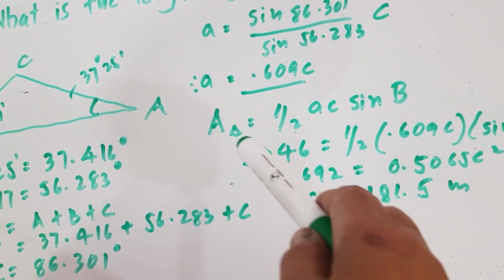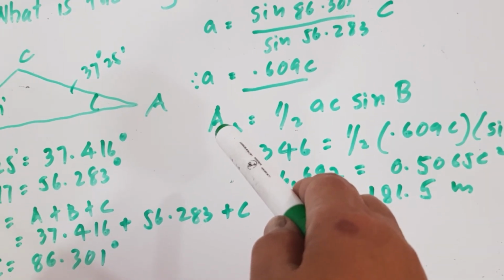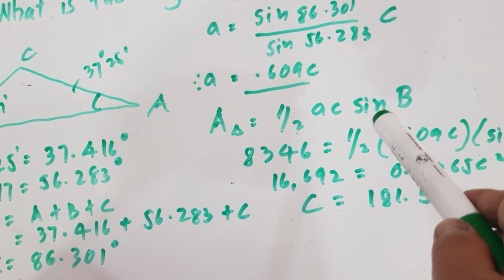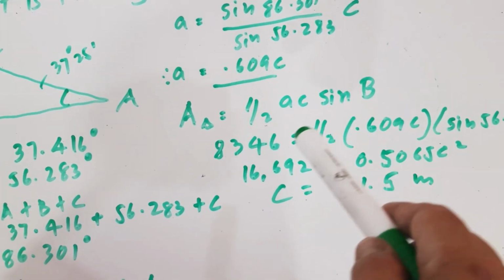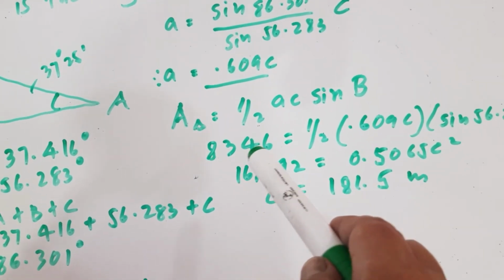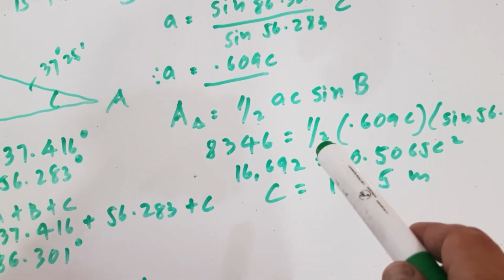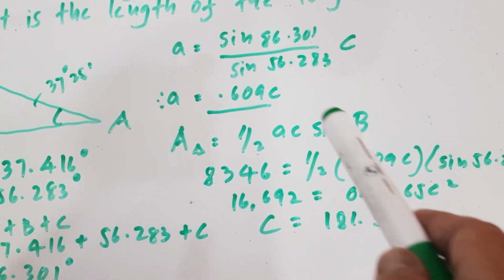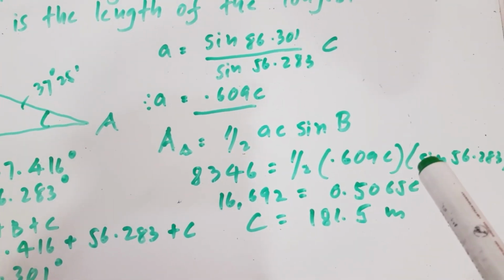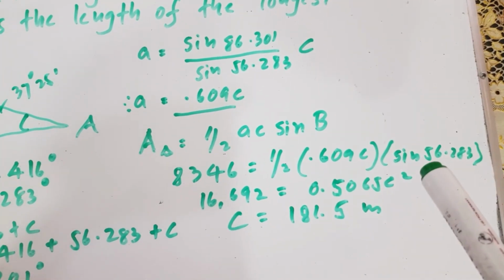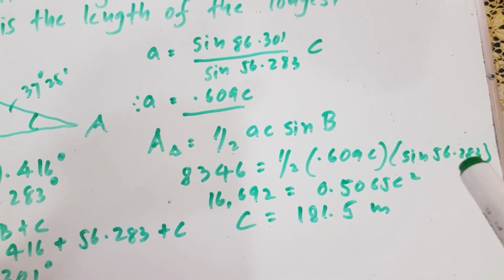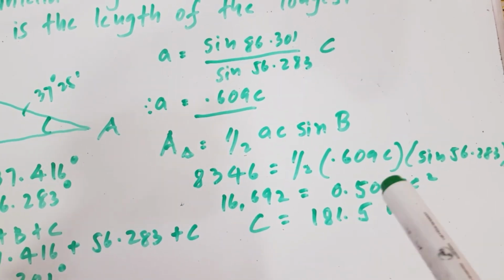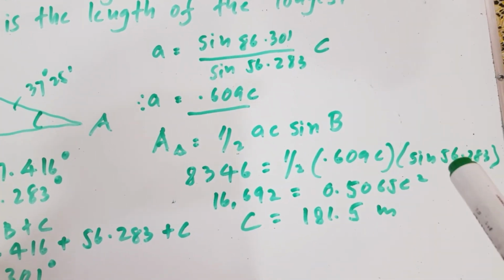We can substitute this on the area formula, which is equal to 1/2 side A times side C times the sine of the angle B. Now, 8,346, the total area, is equal to 1/2 times A, which we solved as 0.609 C, multiplied by the sine of 56.283. Therefore, we can solve this because we have only one variable here.